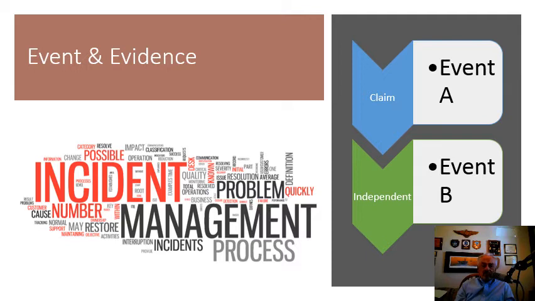Whatever it is, we're going to call it an event. Often we can label these events as event A. There could be other events as well, which we would call event B. Sometimes the claim is the event, and then we gather independent information that could also be an event.